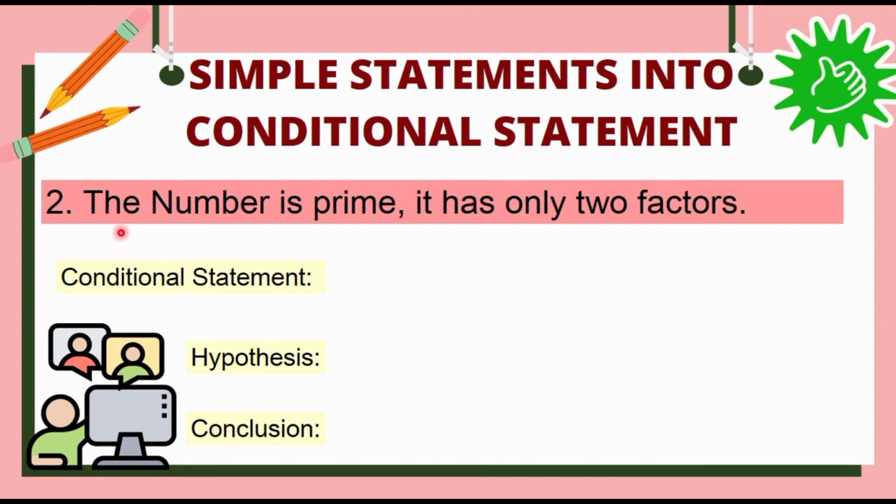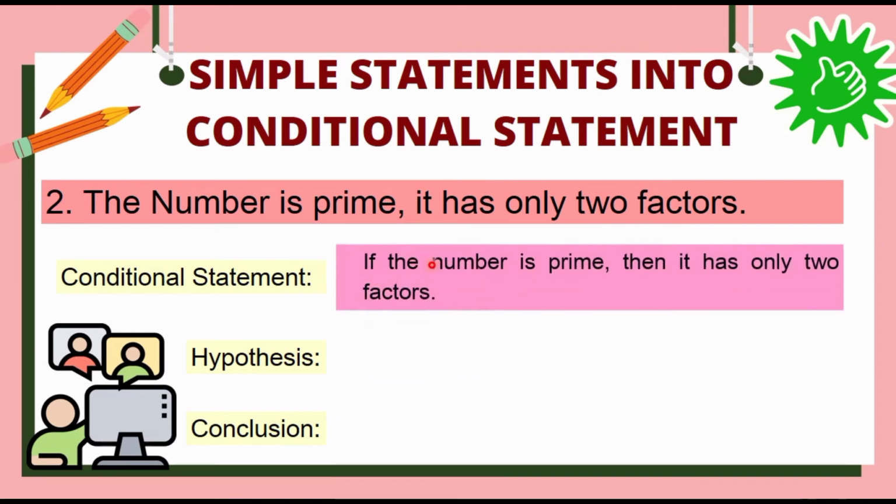Let us have example number 2. The number is prime. It has only 2 factors. Here, let us identify also the conditional statement, the hypothesis, and its conclusion. So we have, if the number is prime, then it has only 2 factors. That is correct.